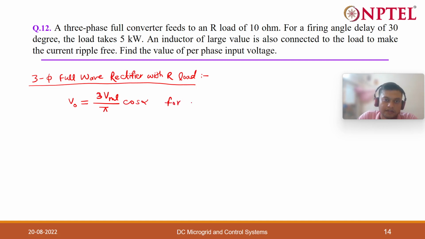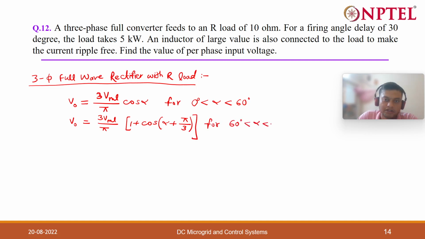This is for alpha less than 60 degree, and for alpha greater than 60 degree, the formula is 3 VML divided by pi into 1 plus cos of alpha plus pi by 3, for 60 degree to 120 degree.